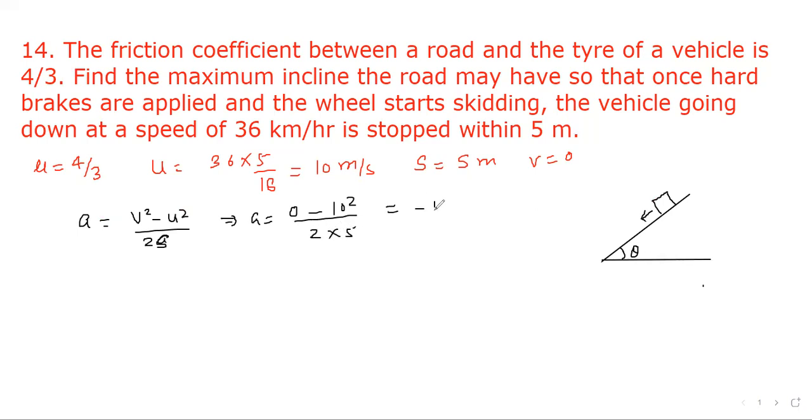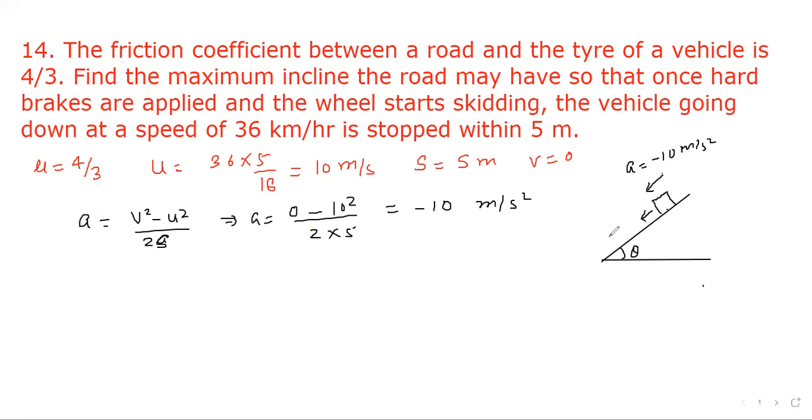This would be minus 10 meter per second square. Now, we can consider the motion of the vehicle in this direction. So A we have got as minus 10 meter per second square, and all other forces.